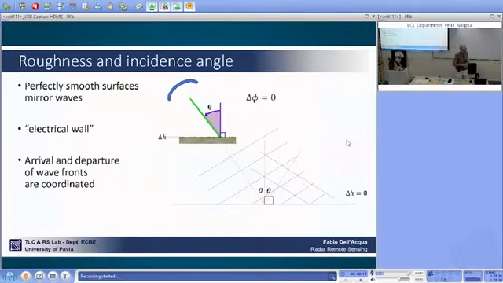If we are in a situation like the one illustrated here, where you have a perfectly flat surface, the physics tells you, and I'm not going into the details, probably many of you know about this fact, but for the others, I ask you to believe me, if it's a flat surface, where flat means that surface bumps are small compared with the wavelength, then the wave will be reflected mirror-like.